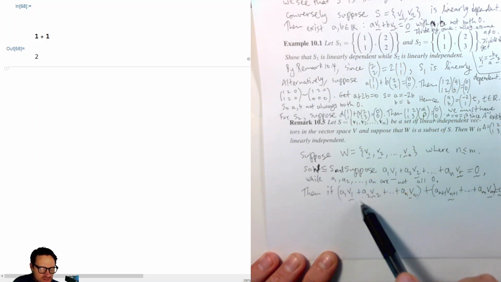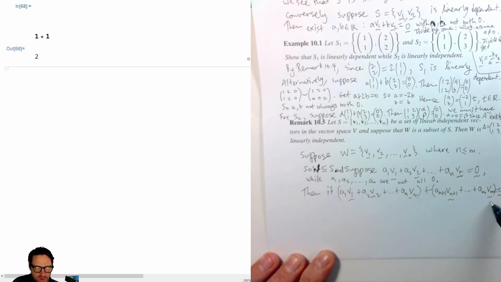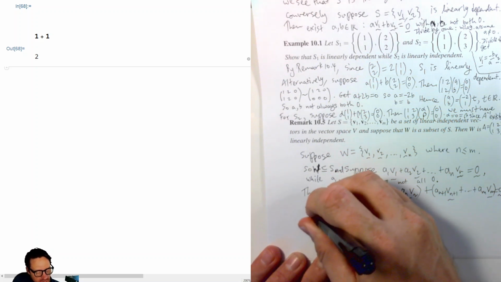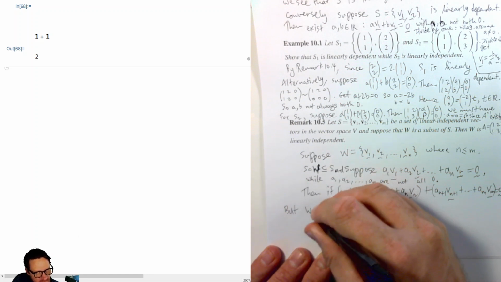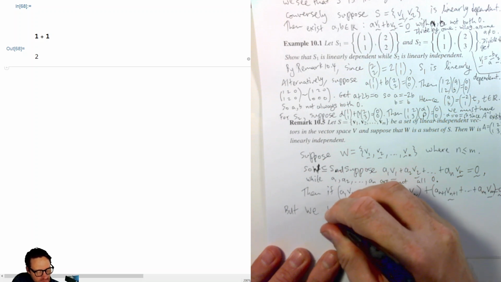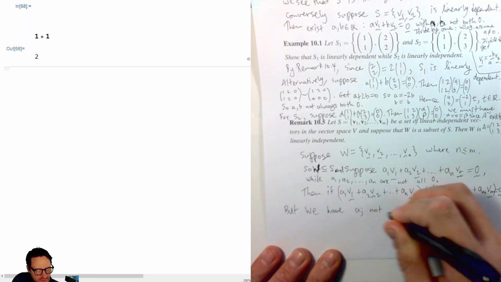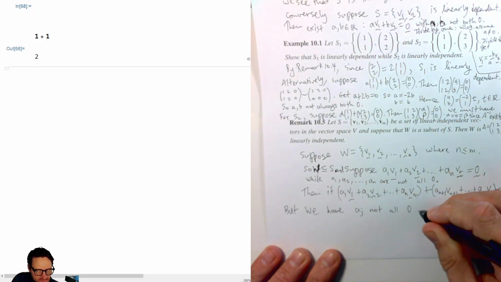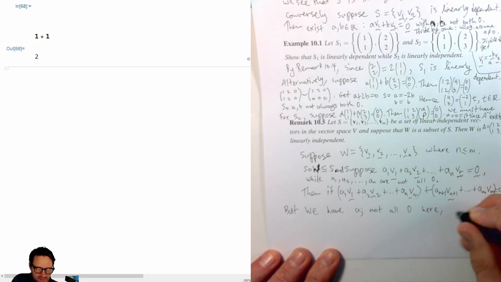And so when we have this equation, we have the aj not all 0 here, which is a contradiction.